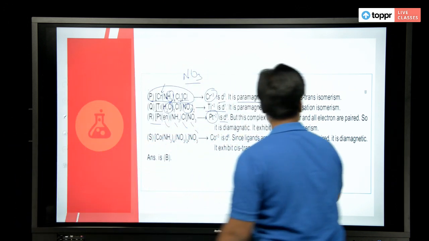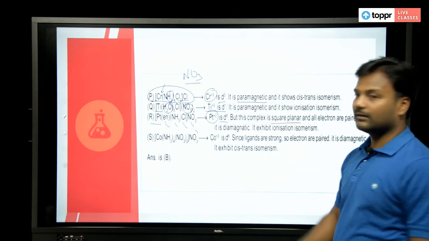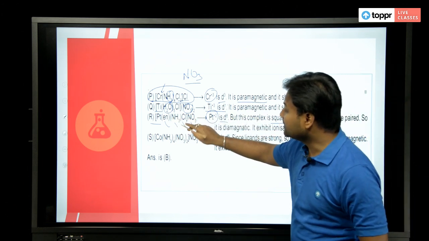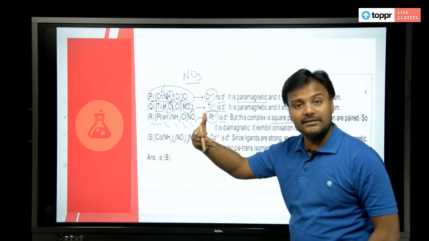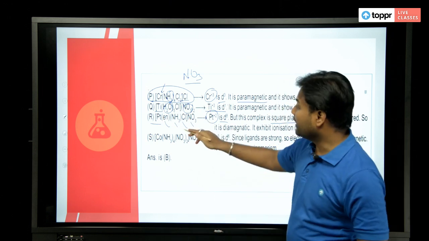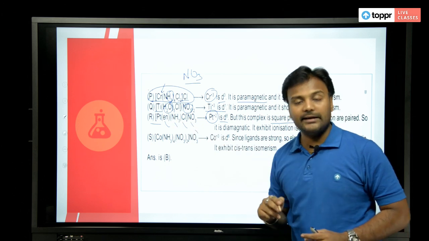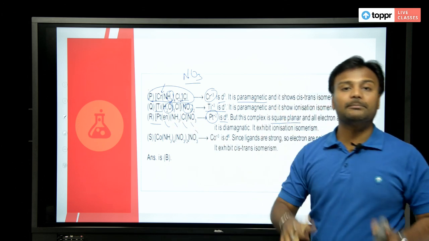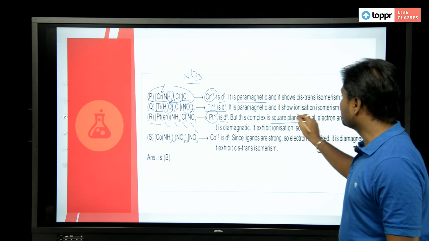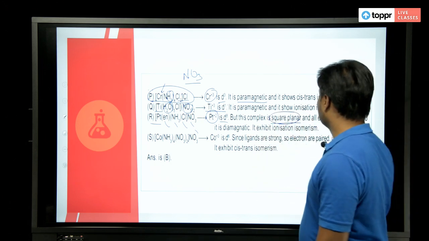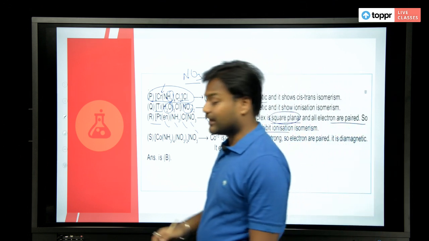and it is having d8. This complex is square planar because the electrons are paired up. You can see here platinum is present in the 5d series, not in the 3d series. So the ammonia ligand is a strong field ligand, it pairs up the electrons, and the geometry is square planar, so it exhibits ionization isomerism.